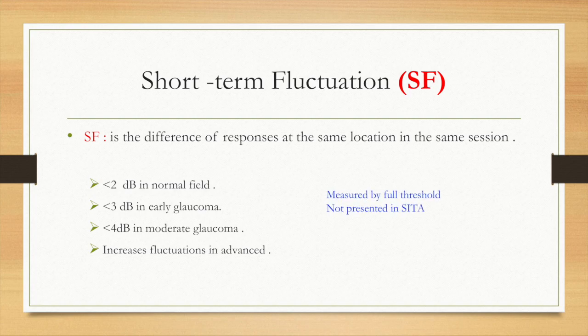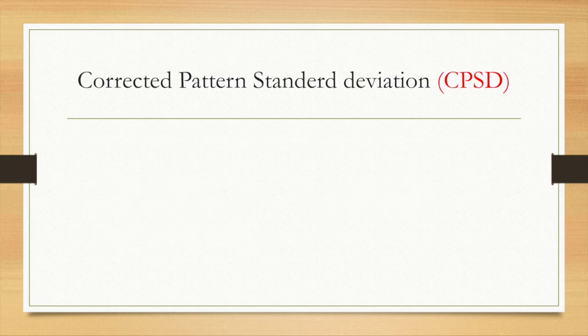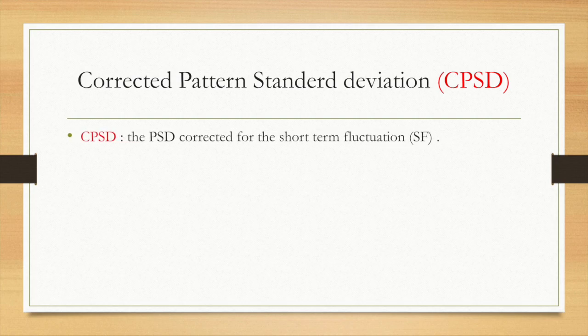However, the short-term fluctuation SF does not appear in the theta strategy. It appeared in the old strategy, which is the full threshold. Also, the corrected pattern standard deviation is the pattern standard deviation corrected for the short-term fluctuation.